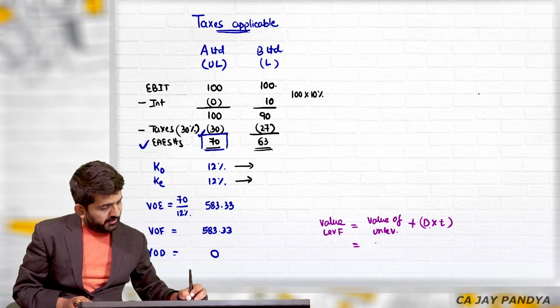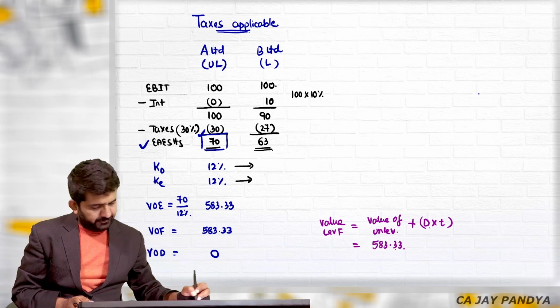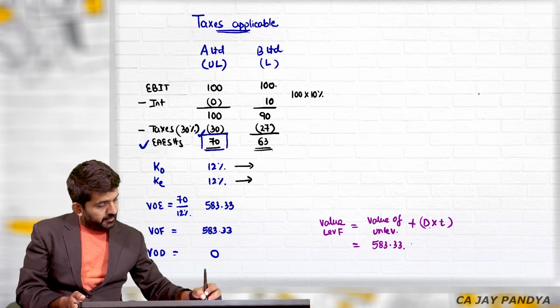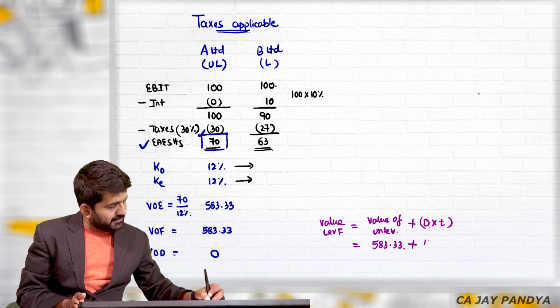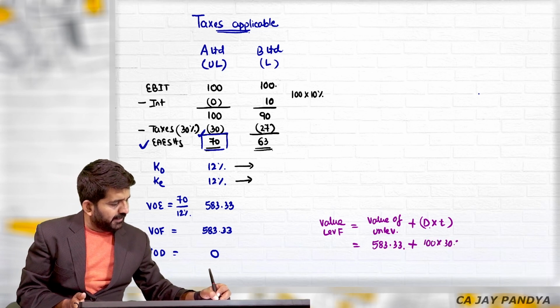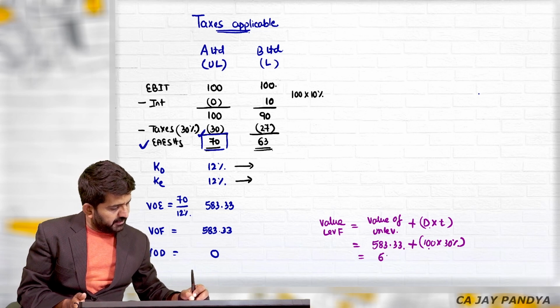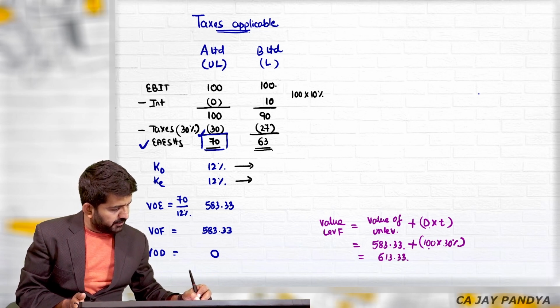It is 583.33 plus debt, 100 multiplied by 30%. This is 30, so it will be 613.33.